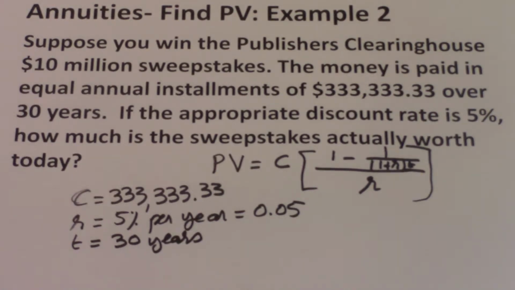The cash flow that you're getting is every year. The interest rate that you're using is a yearly interest rate. The T that you're using is also a yearly number. So the C, really the cash flow, determines the frequency of the interest rate and the T that you are going to be using. And here all we have to do is plug in our variables.